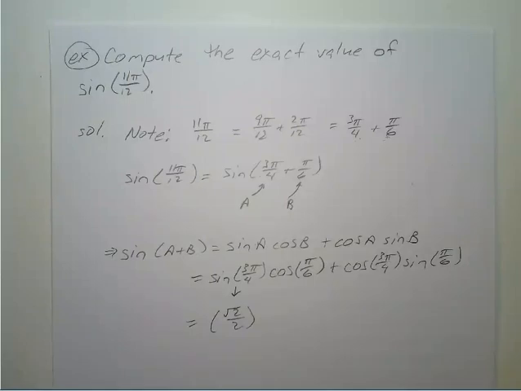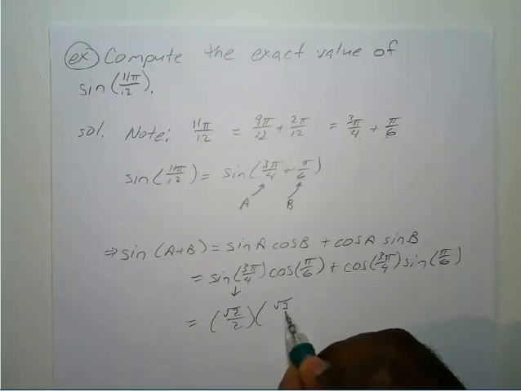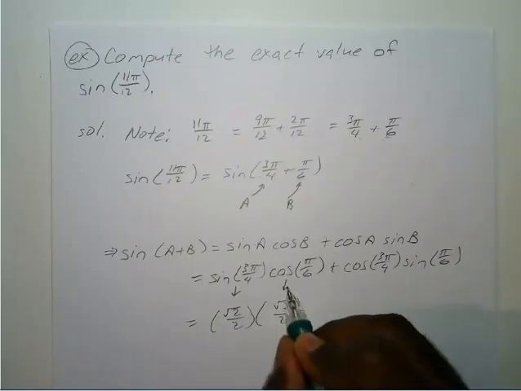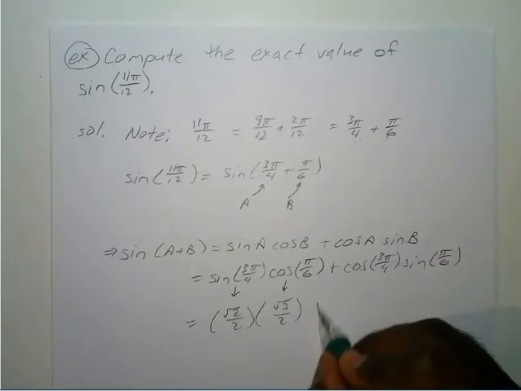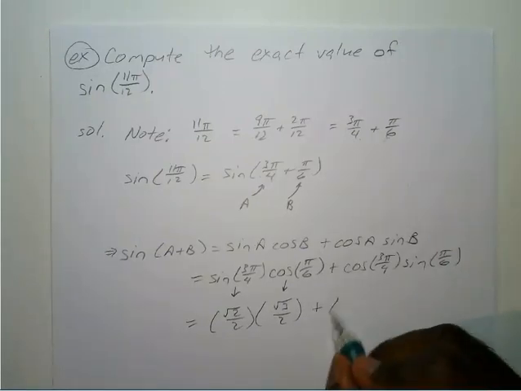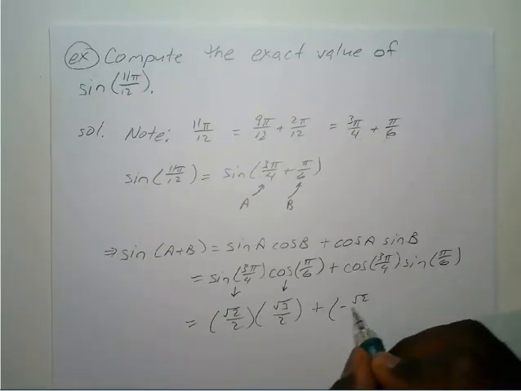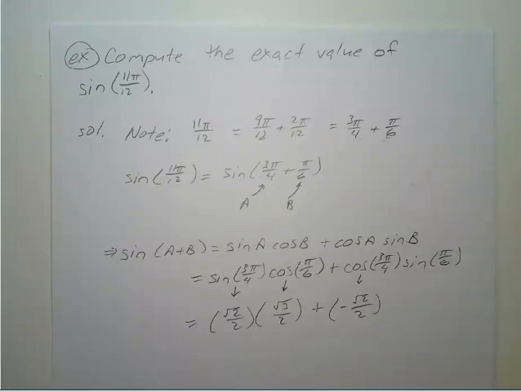Our cosine of pi over 6 is square root of 3 over 2. Plus cosine of 3 pi over 4 is negative square root of 2 over 2. And sine of pi over 6 is 1/2.